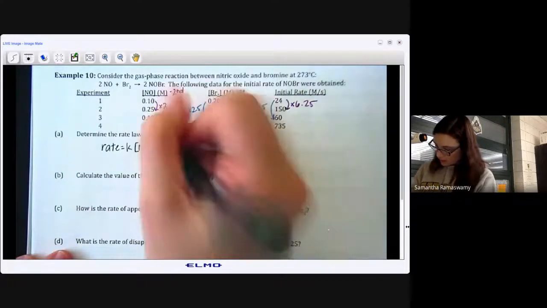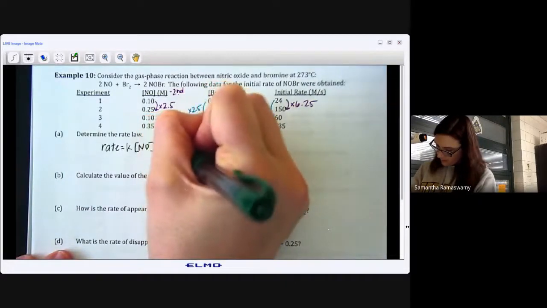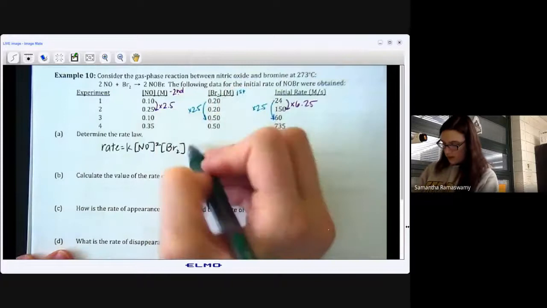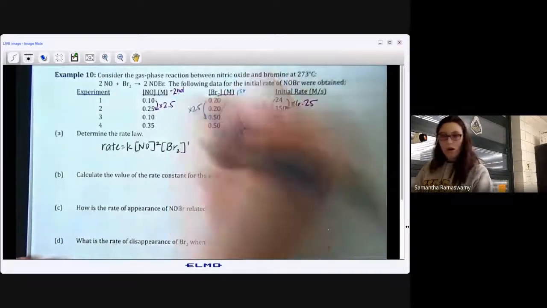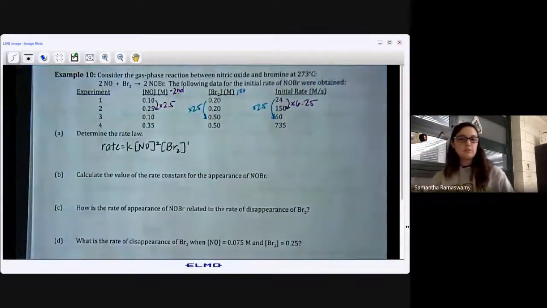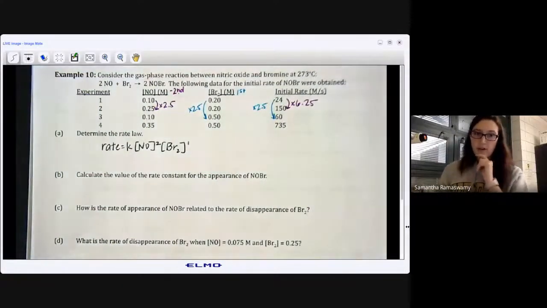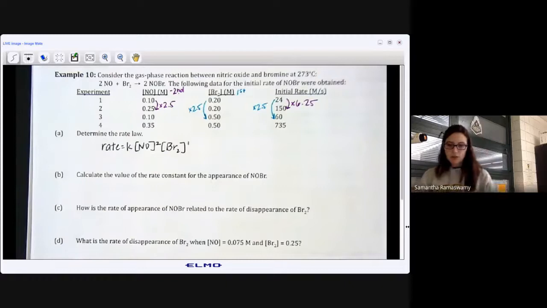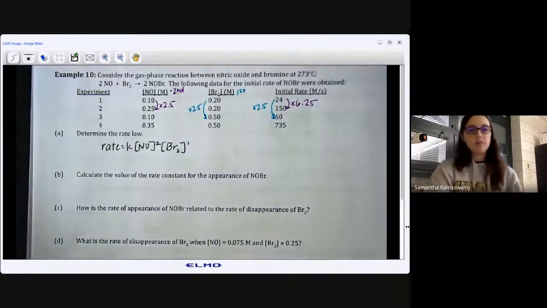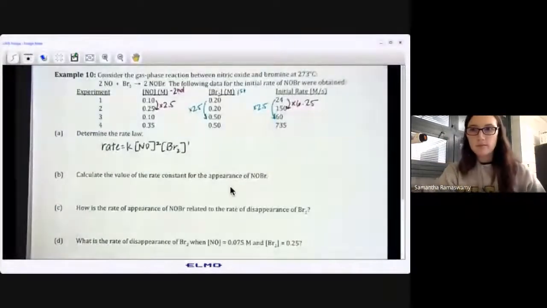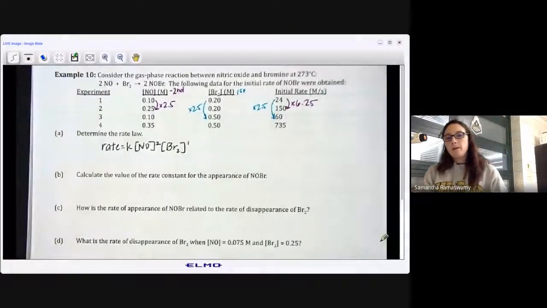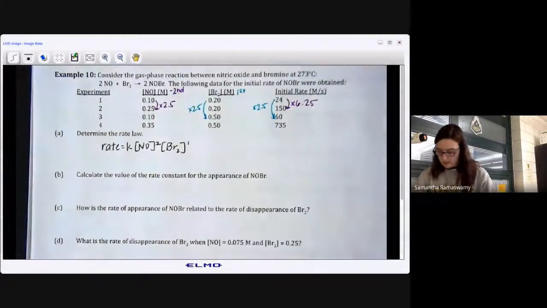The concentration of Br2 is first order. So again, if you want to put the 1 just so that you remember, you can. So there's part A. Rate equals K times the concentration of NO squared times the concentration of Br2. So that's our rate law.